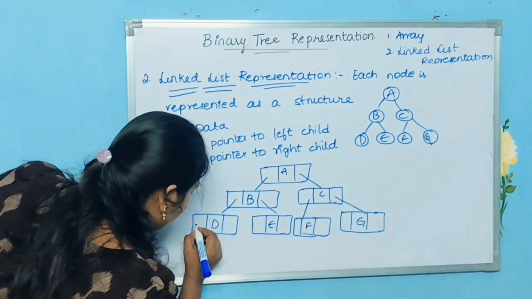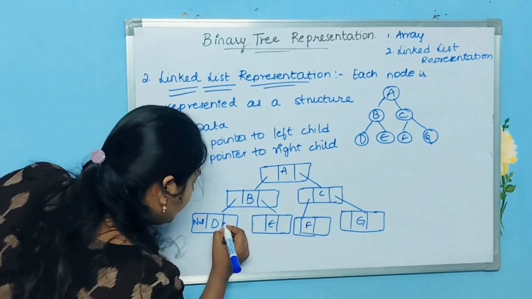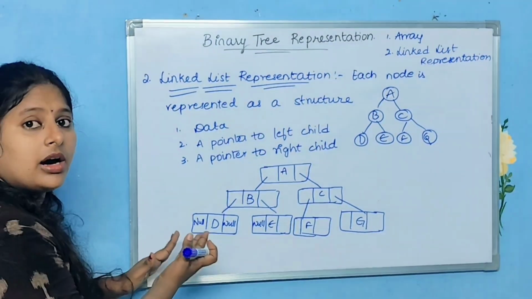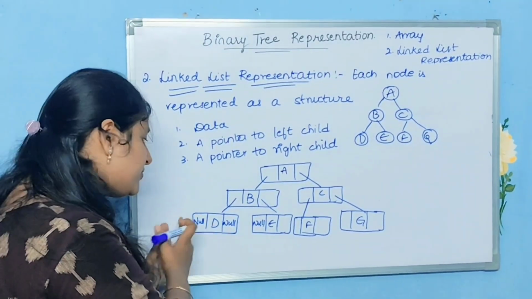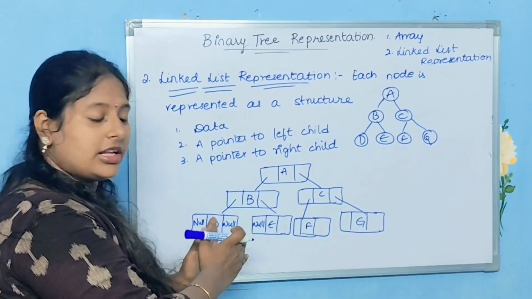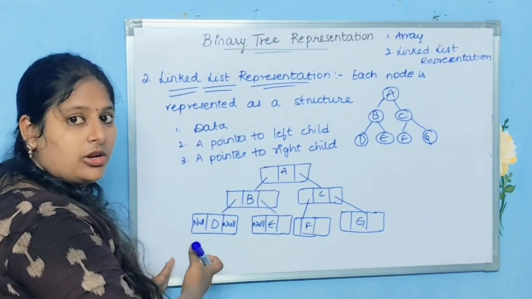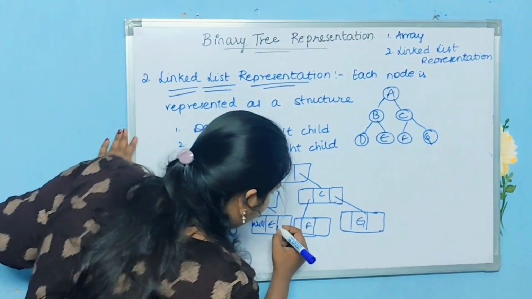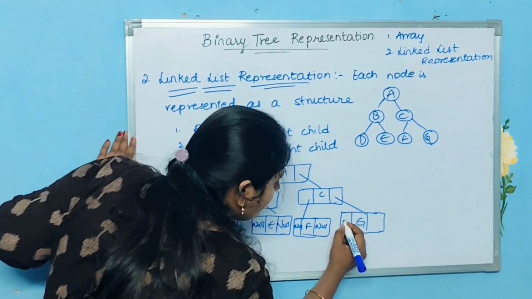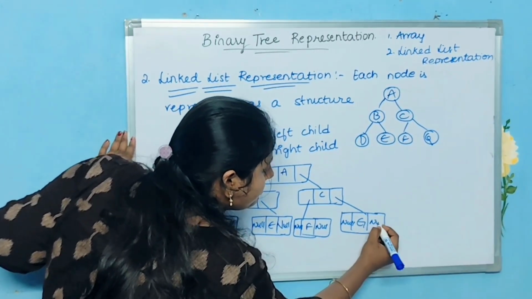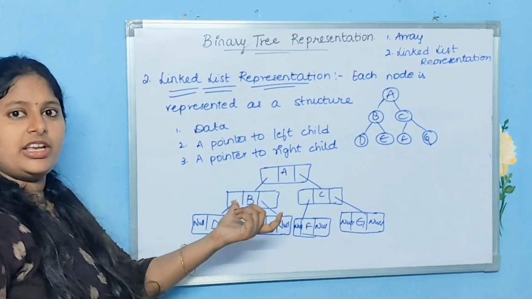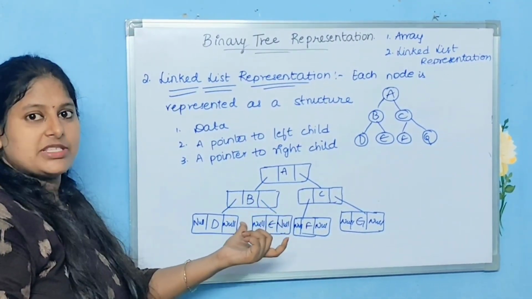These are directly placed as null. You need not do anything with these elements. That means if there is a null node present on the left side or right side of D, then it is considered that there are no child nodes for that particular node. Right? This is how you represent the binary tree using linked list representation.